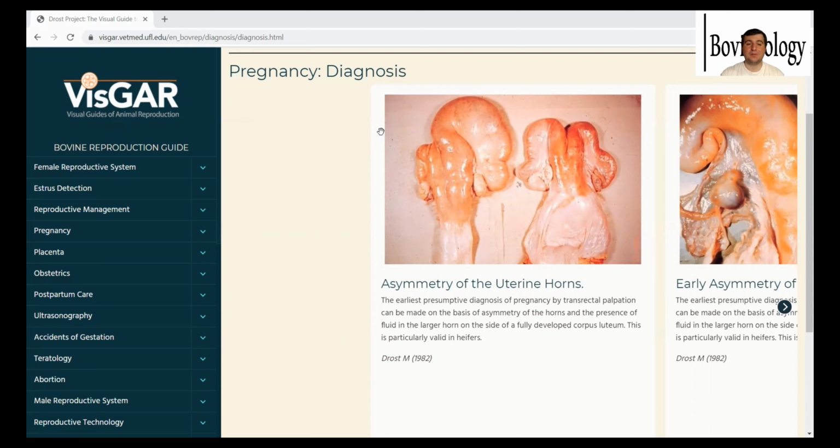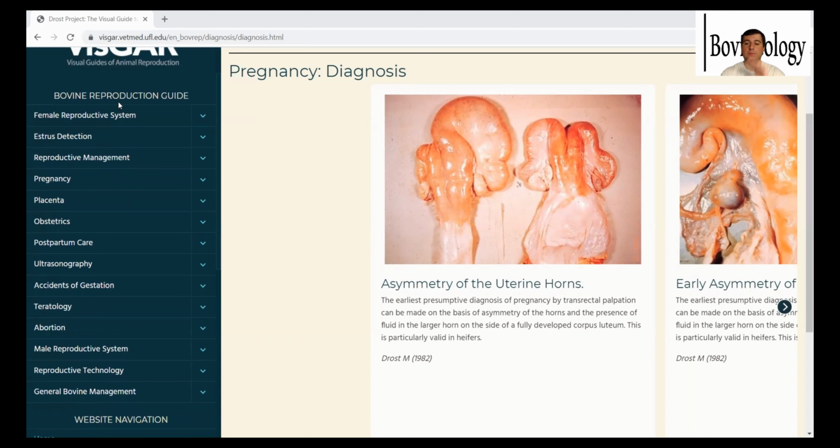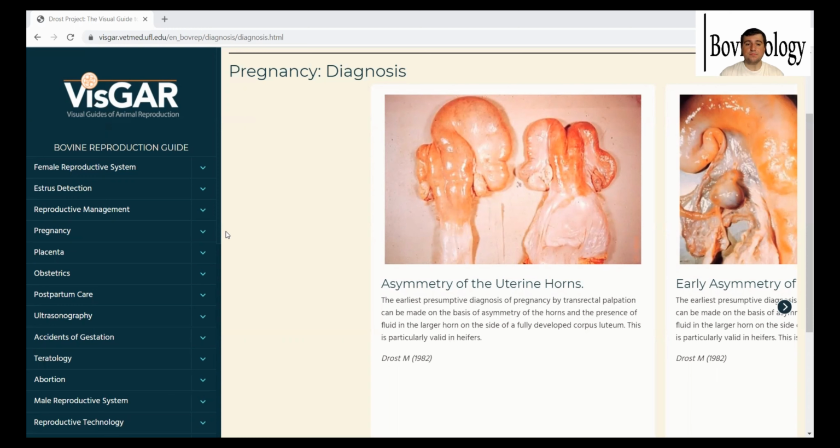So we're going to see a couple of them. But just to show you the website, Visual Guides of Animal Reproduction, this is where his library of pictures is, and you can browse through multiple topics and see multiple pictures for the topic that you're interested in. But today we're going to talk about pregnancy diagnosis per rectum, pictures of a couple of things that we're going to see when we palpate animals.